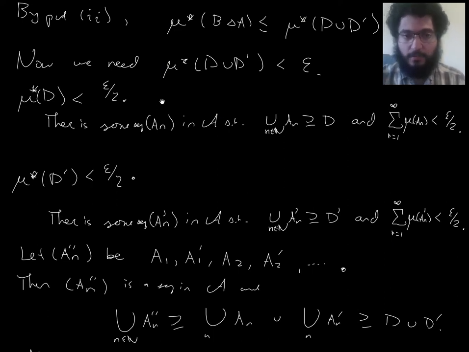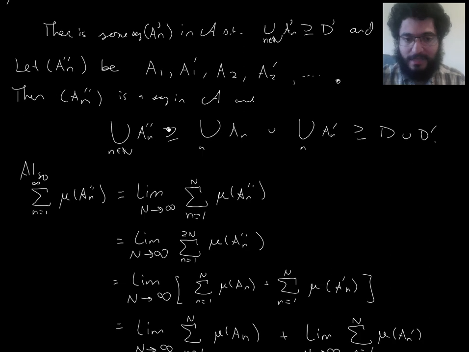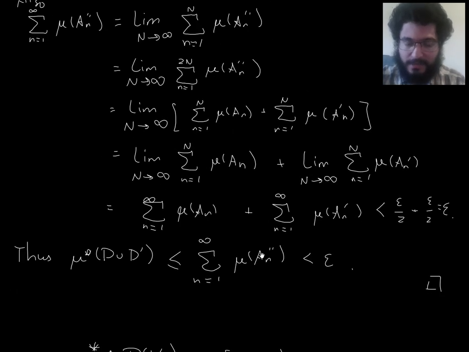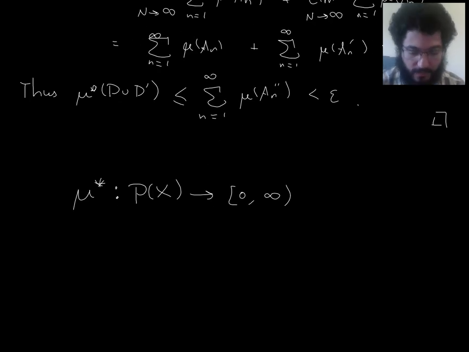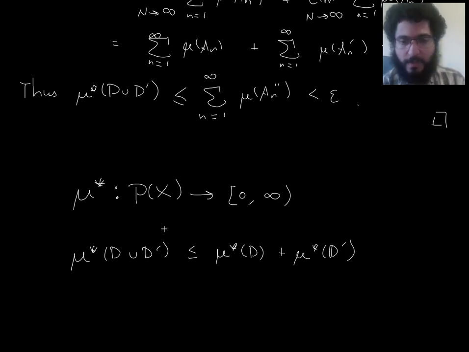But even if they weren't small, you could still add epsilon over 2 to each of them and then carry out this kind of argument, and you would have yourself a proof that mu star of the union is bounded above by the sum of the mu stars. So we pretty much went through the steps of proving this fact here.